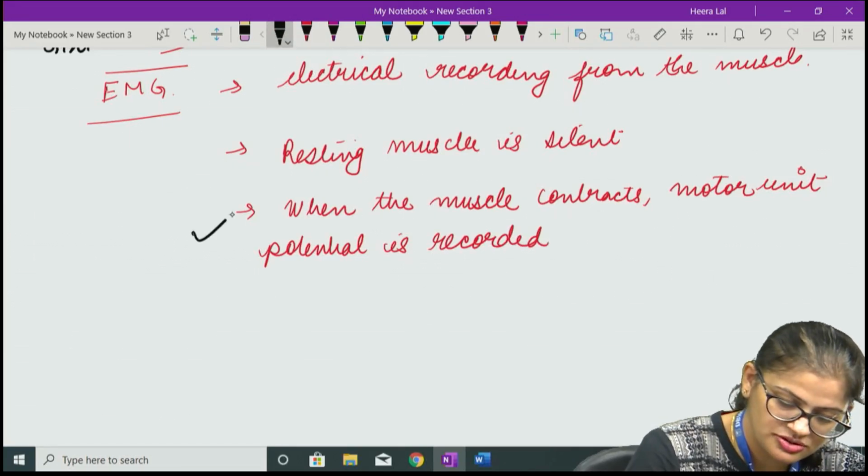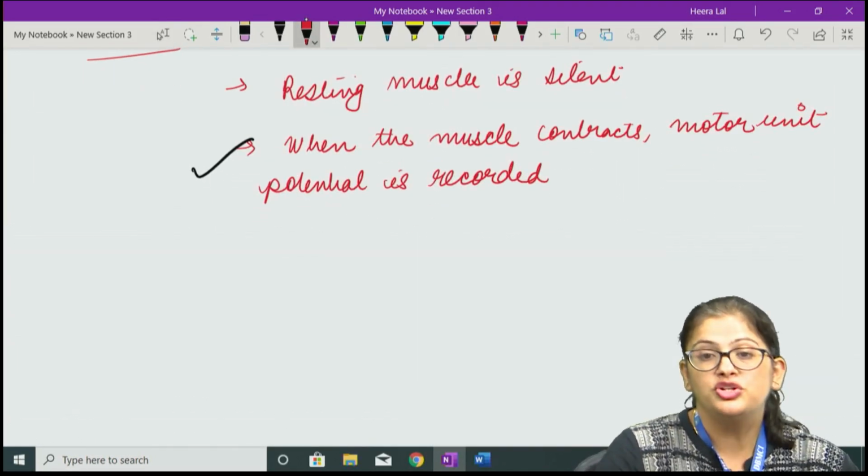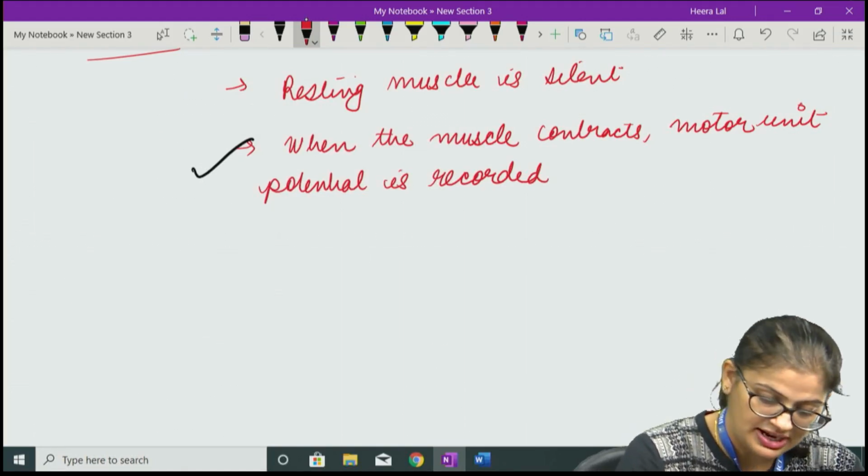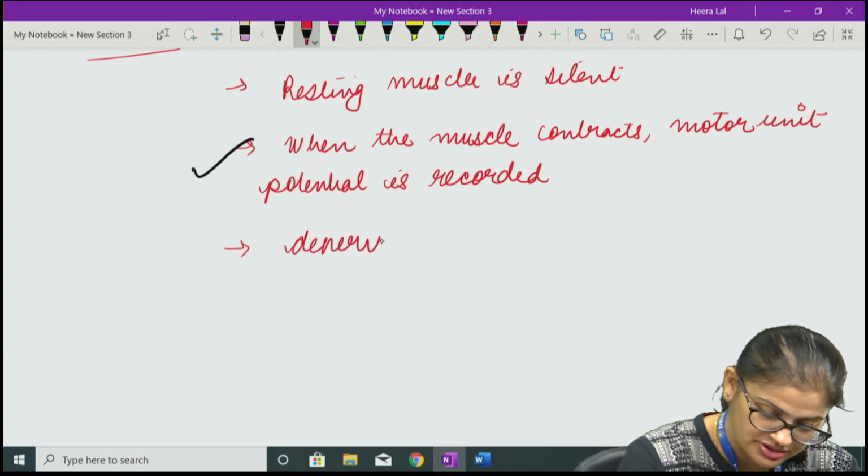So this is the basis of EMG, and it has been seen that in neuropathies where nerves are responsible for weakness, EMG may record denervation or fasciculations.